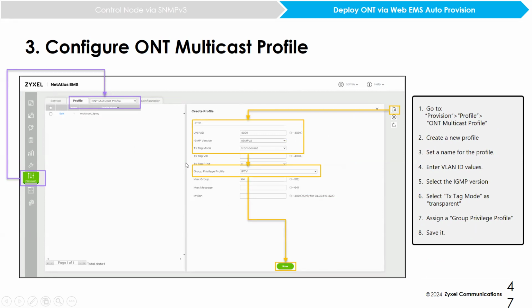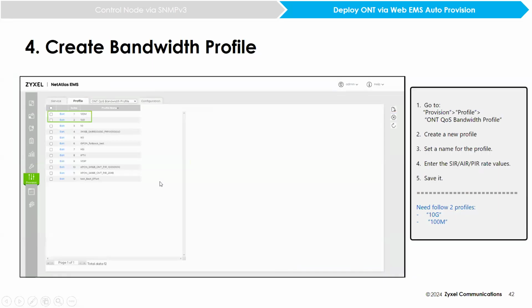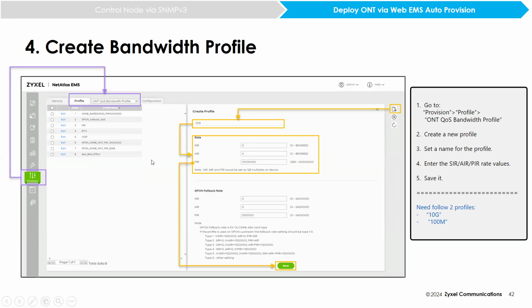You can see that we need to enter settings like a unique VLAN ID, decide the IGMP version for the ONT, and also decide the tag mode for the ONT device: transparent, tag, or replace. Also, please don't forget to import the group privilege profile, which we created on the configuration of the OLT device here.